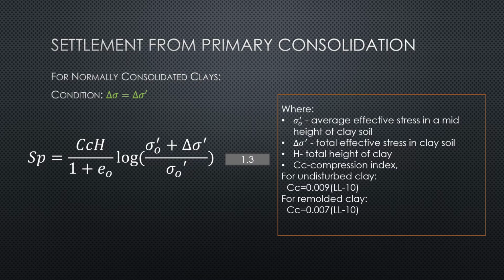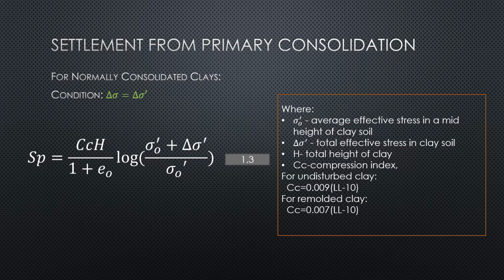And the delta sigma prime will be the total effective stress in the clay soil, and H will be the total height of the clay. The Cc is the compression index. So there are two formulas to compute the compression index, with two conditions also. First is for the undisturbed clay: Cc will be computed as 0.009 times liquid limit minus 10.